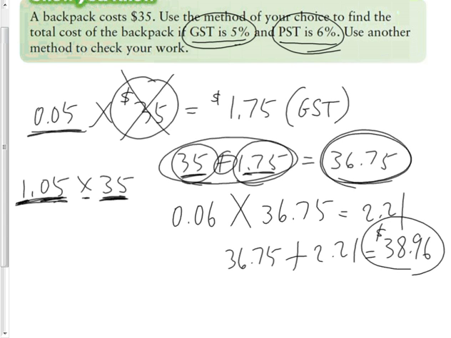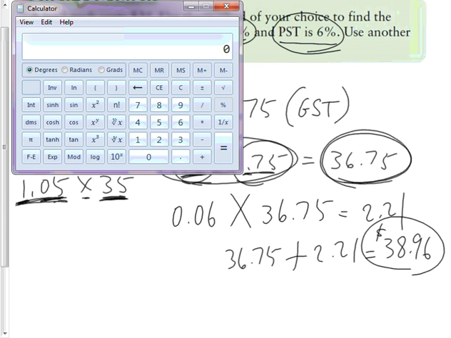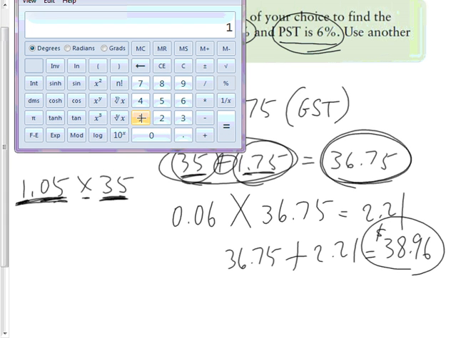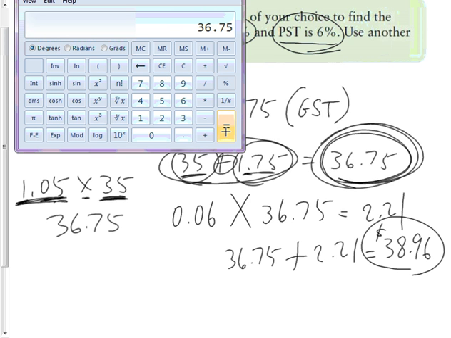I'll show you. So take your calculator, and you go 1.05. So 1, which means the cost of the backpack, and the 5% tax, multiplied by the cost of the backpack, we get that $36.75 right off the bat using one calculation. Now if I want to do this next part, I don't want to do it separately, so I'm going to multiply $36.75 by 1.06.